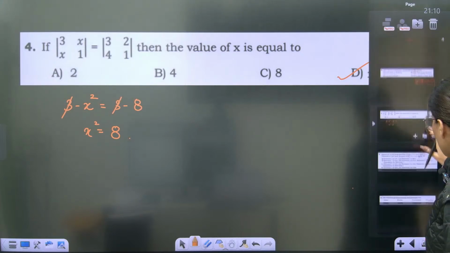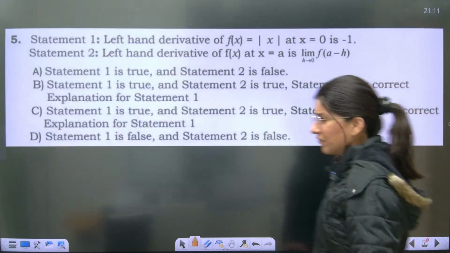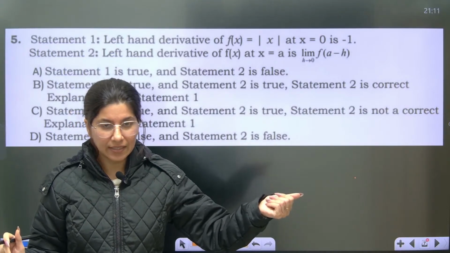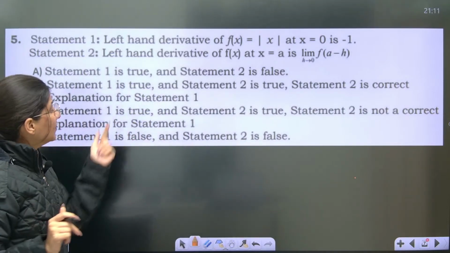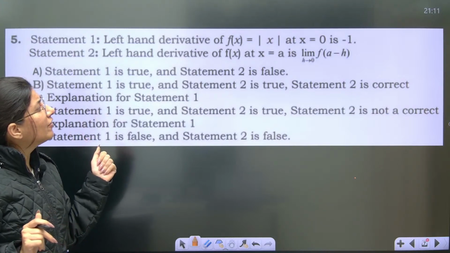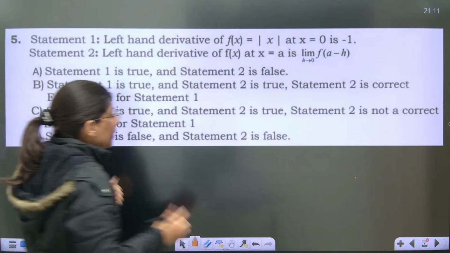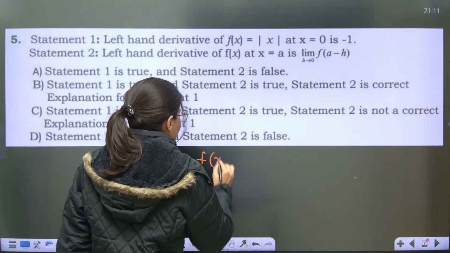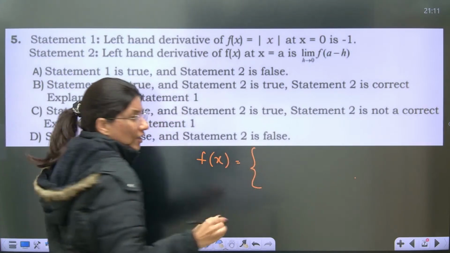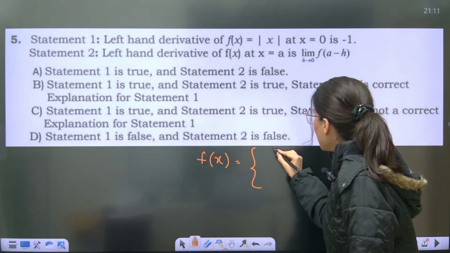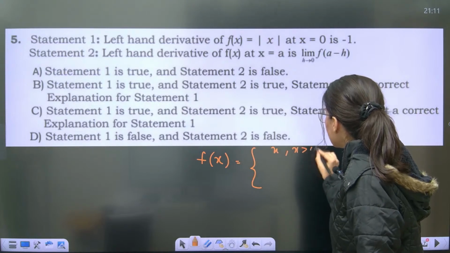Now we are going to get towards fifth. Statement 1, statement 2 type of questions, right? Understand. Left hand derivative of fx equals mod x. So first of all, let me define fx. If fx is mod x, generally fx will be x when x is greater than 0.